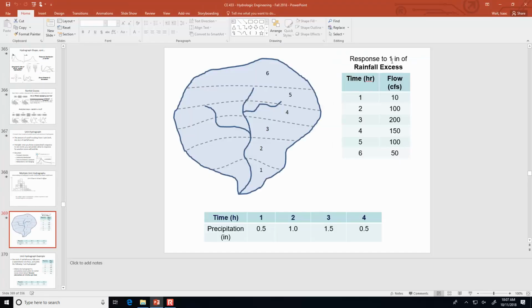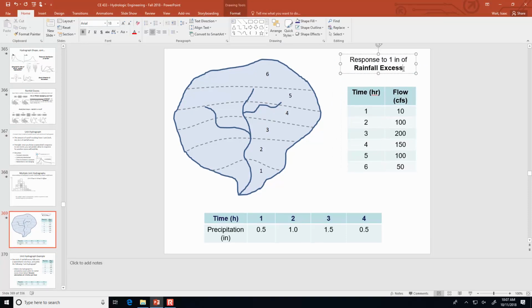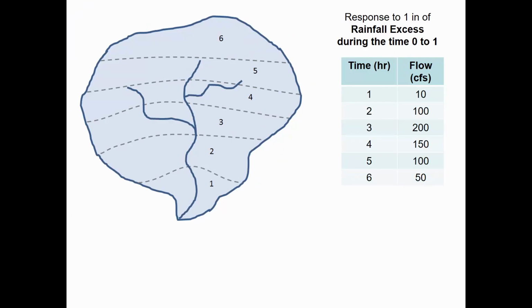So I guess I should clarify this. Response to 1 inch of rainfall excess during the time 0 to 1. Okay, so the rain happens from 0 to 1, then the response is that at time 1, the flow rate is 10, at time 2, it's 100.